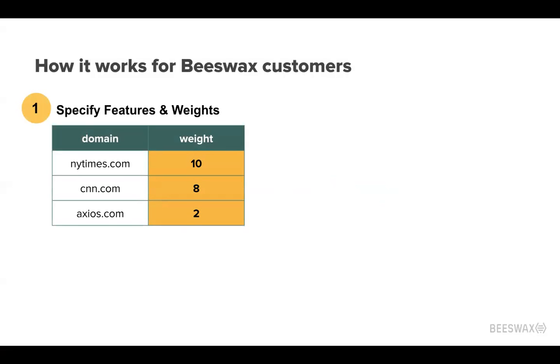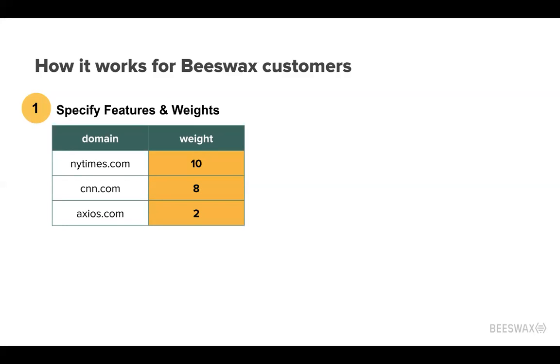The way the feature works is that as a customer, you can specify the features, and you also can specify the weights. There are more than 50 different features that you can choose from, and they're all documented. If you go to our website, docs.beeswax.com, you can see the list of all the features.